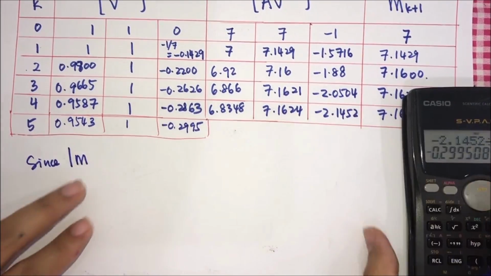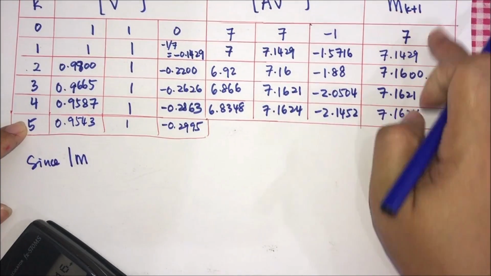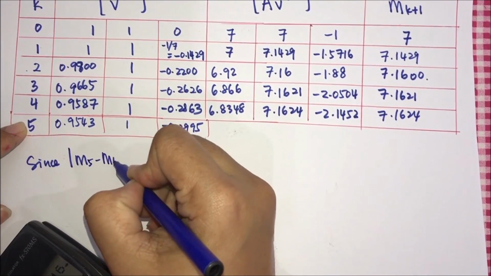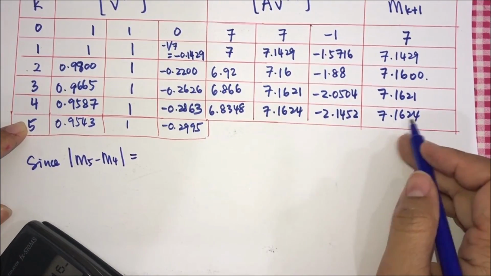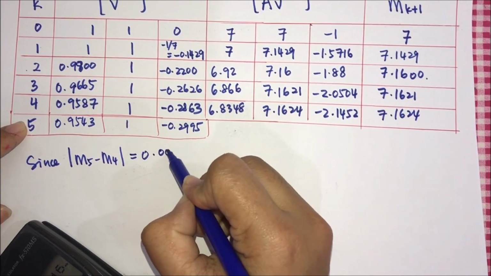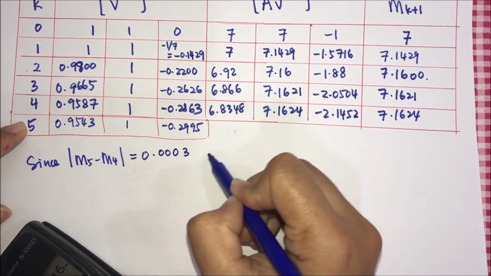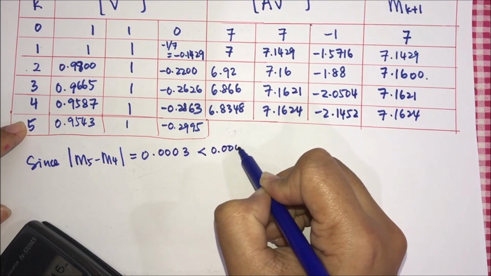Since this one is m_(k+1), this means m5 minus m4 is equal to 0.0003, which is less than 0.0005.